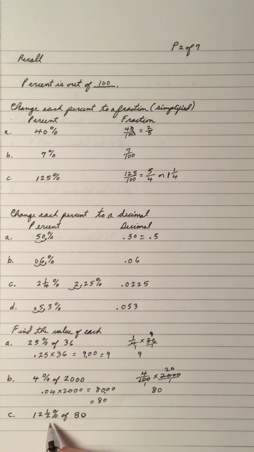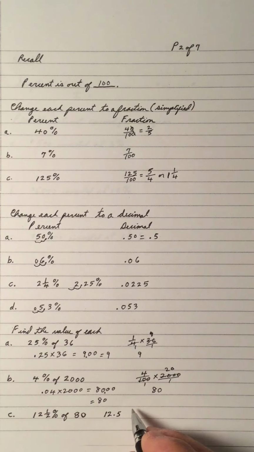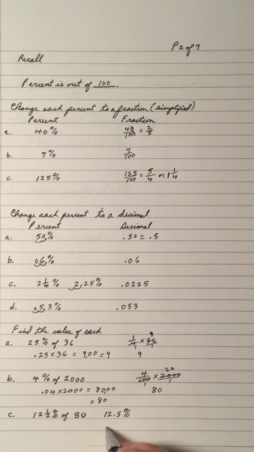But when you've got 12.5%, it's best to change it to a decimal. So 12.5% is 0.125 of 80, and that makes it 125 times 80.